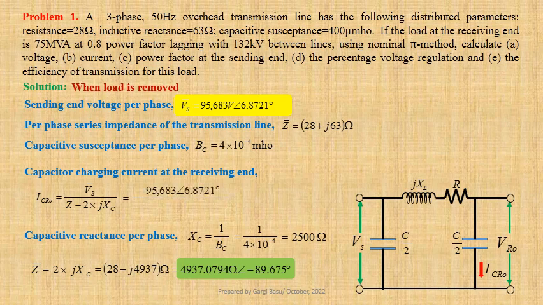Using values we get ICRO equals to 95,683 at an angle 6.8721 degree divided by 4937.0794 at an angle minus 89.675 degree. That gives us 19.38 ampere at an angle 96.5471 degree.